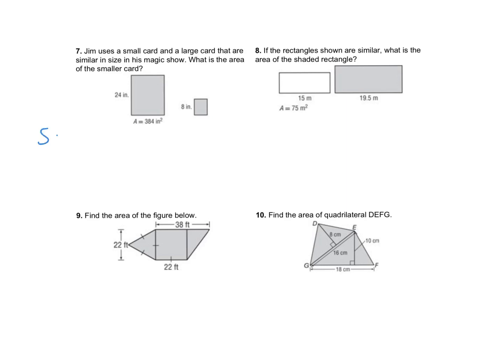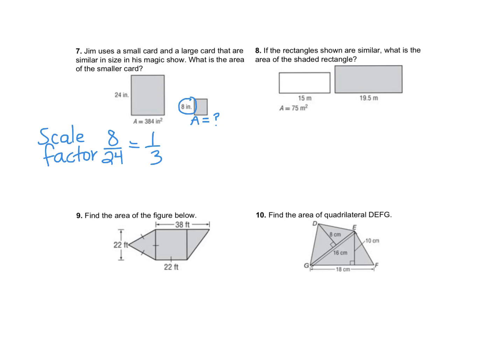So in order to find the scale factor, I'm going to create a ratio of the sides. So because we're finding the area of this smaller card, I'm going to put the 8 in my numerator and the 24 in the denominator. So we just created a ratio. And then if I want to simplify, I could simplify to get 1/3.